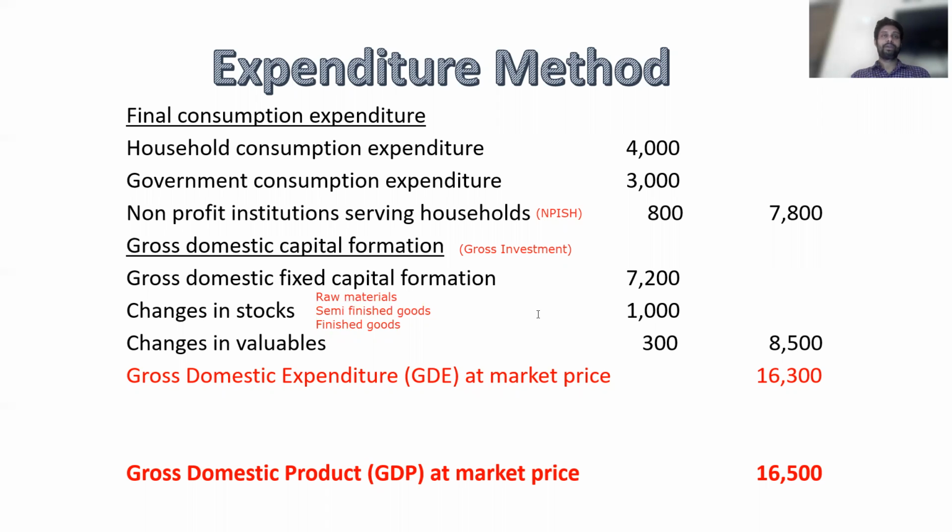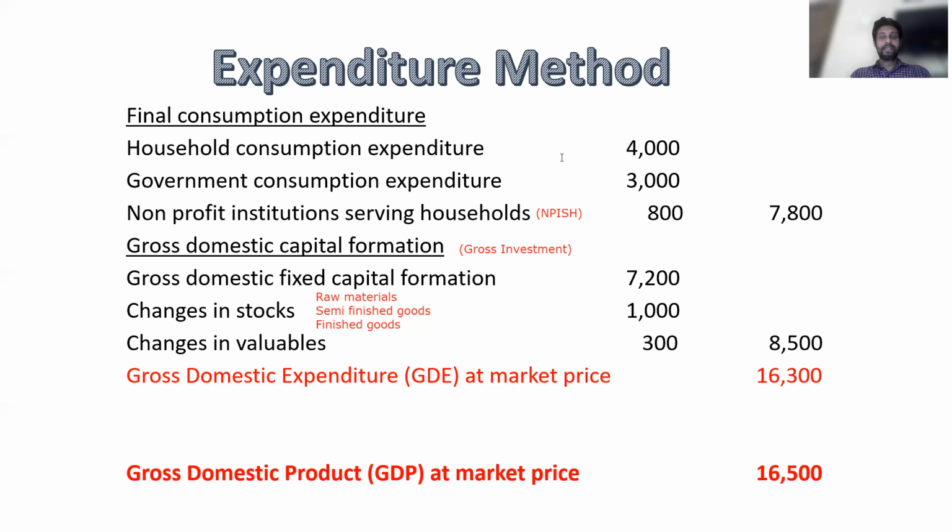You may have a variety of valuable things, gold items, but they are kept as they are, not consumed, not involved in production. So there is a change in value. Such changes in the values of those items are captured here, under gross domestic capital formation.